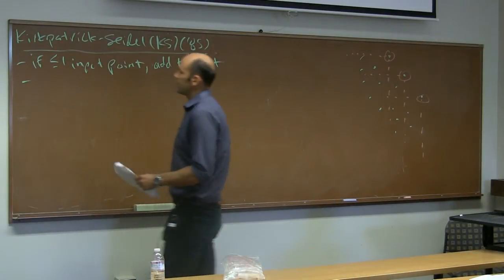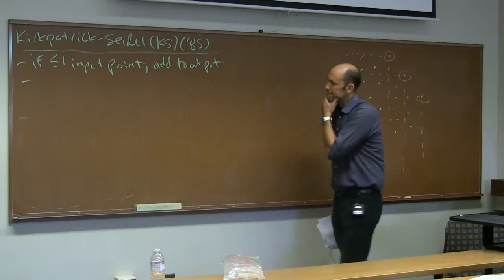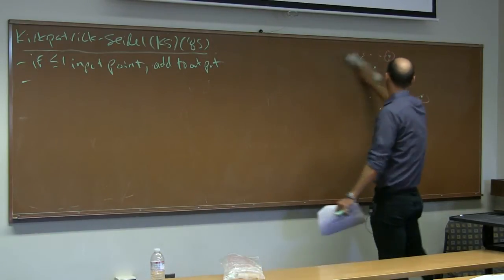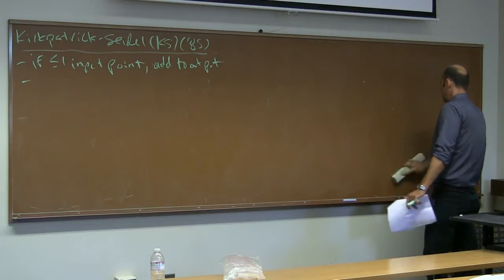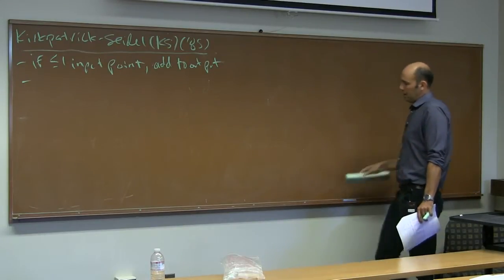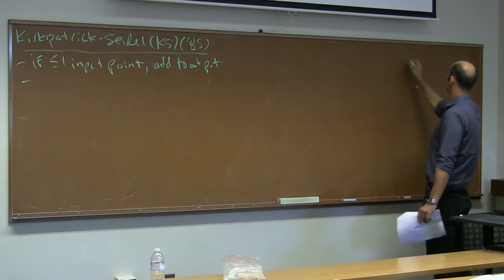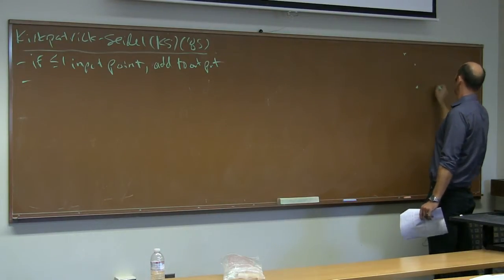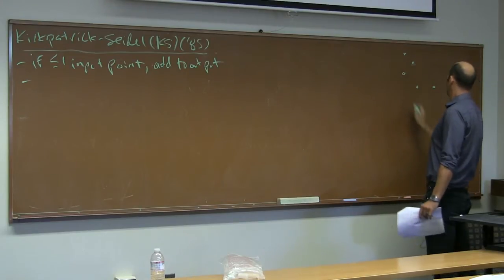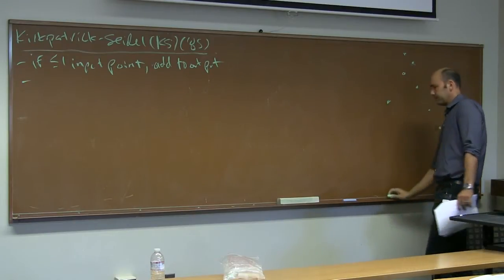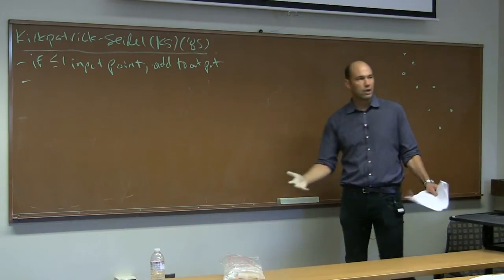Now, how does the recursion work? How does the divide work? Let me illustrate this with a picture as we go along. So we're going to split the point set into two. And the way we're going to do it is natural enough. We're going to look at a median point. That should be familiar from quicksort or what have you.